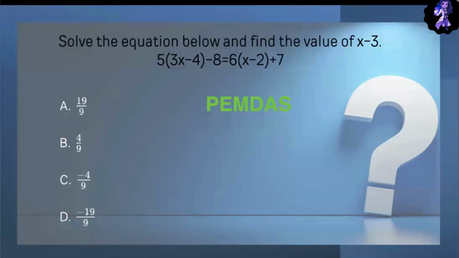The term stands for the order of operations that you're going to utilize to solve the problem, which is parentheses, then exponents, then multiplication, then division, addition, and then subtraction. Please note multiplication and division go hand in hand, and addition and subtraction also go hand in hand as well.